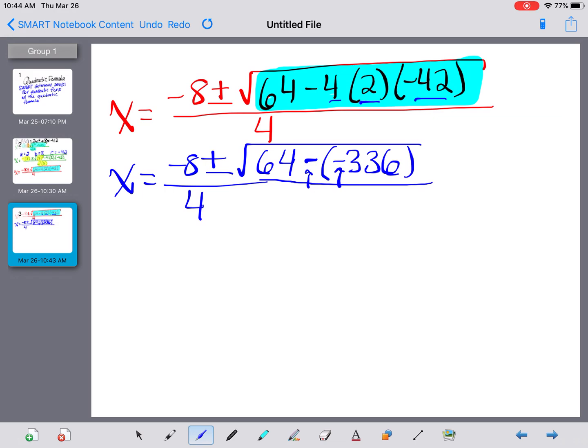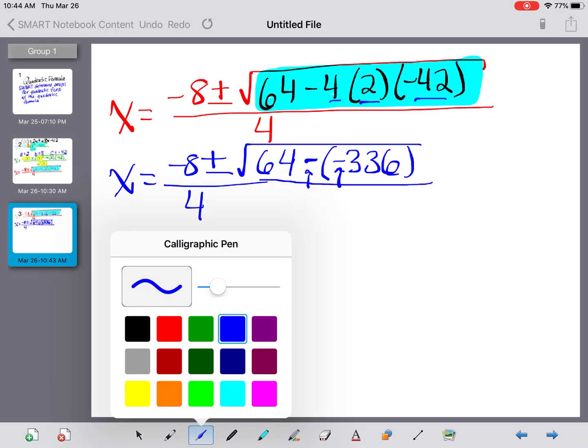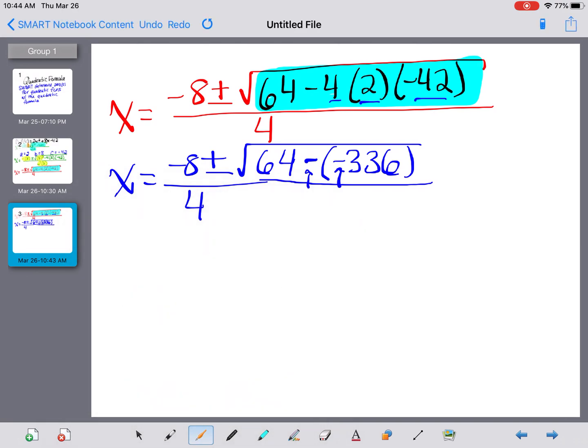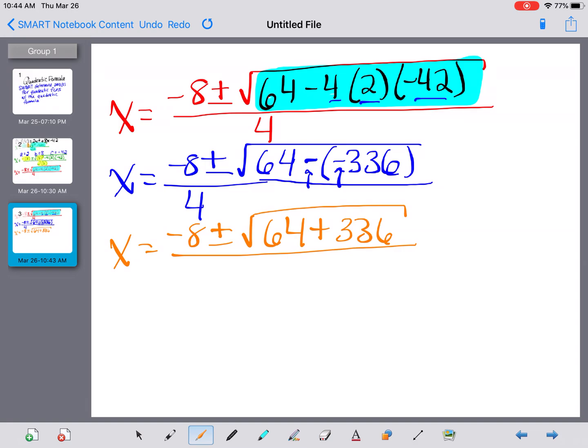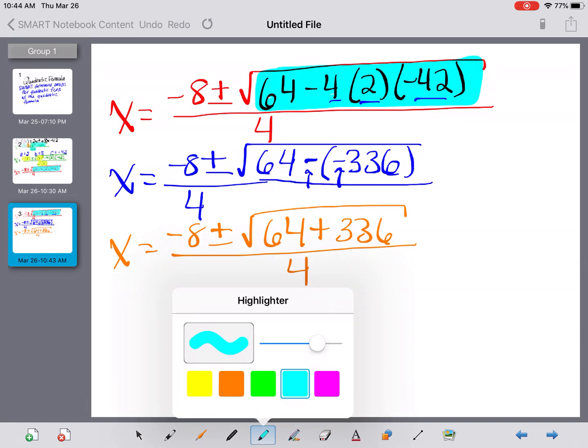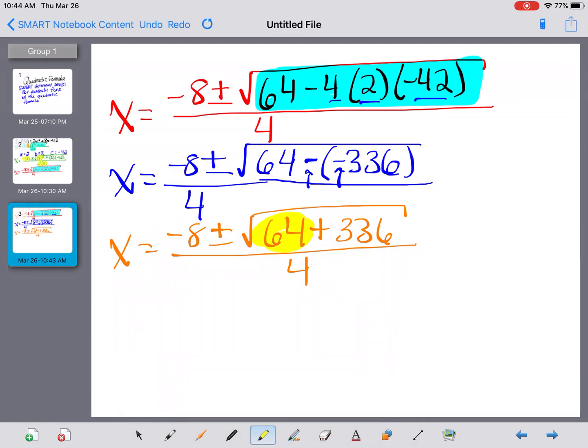Now what we need to do is simplify those double negatives, because as we've learned back in the day in math class, we can't have double negatives, they equal a positive. So we get x equals negative 8 plus or minus the square root of 64 plus 336 all over 4. Again, we need to turn this here into a number.